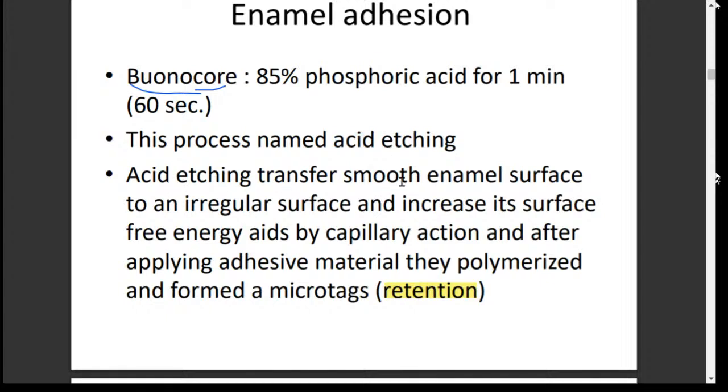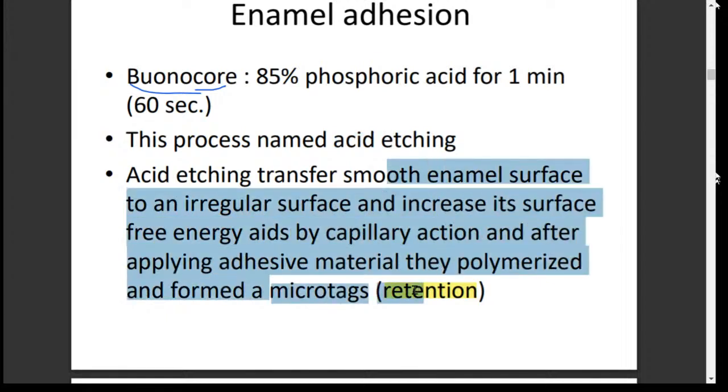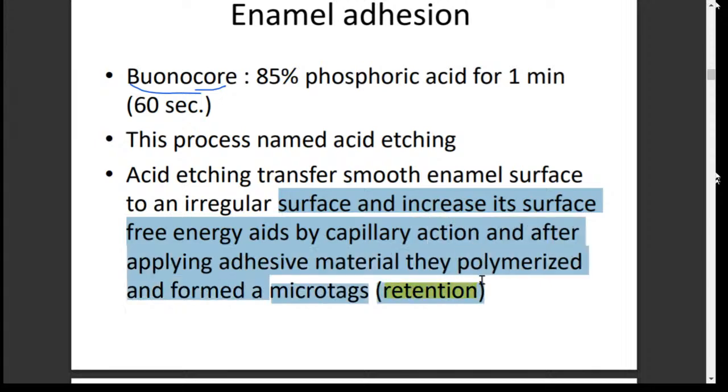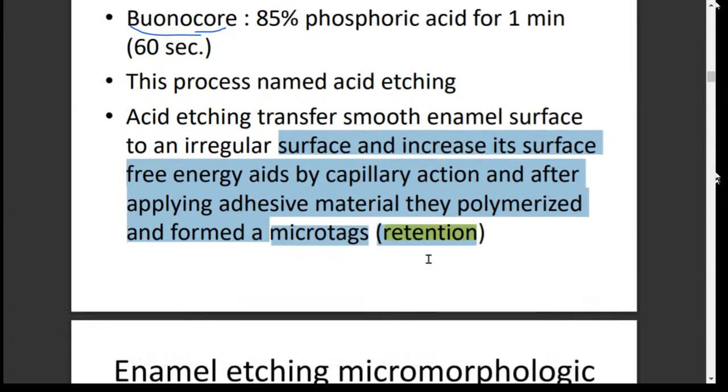Acid etching transforms the smooth enamel surface to a regular surface. This is the phosphoric acid, which is the same as Buonocore's. Transforming the enamel to a regular surface increases its surface free energy, its capillary action, etc.